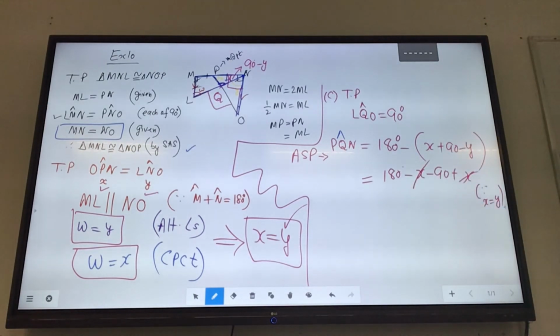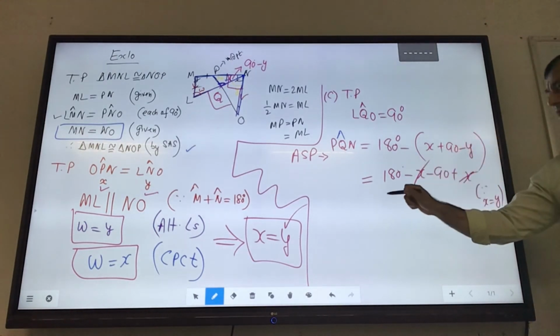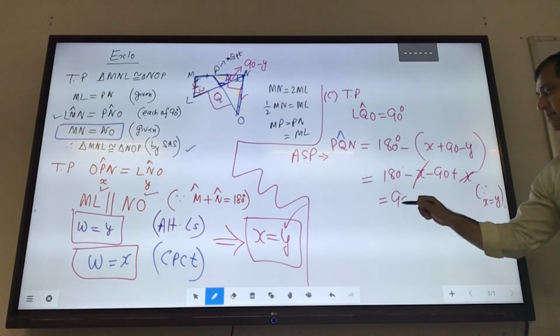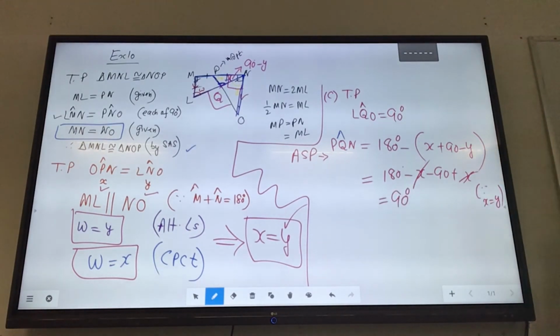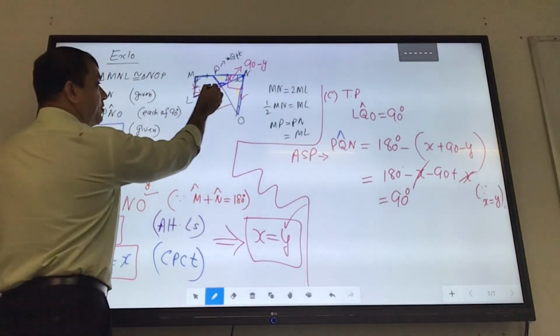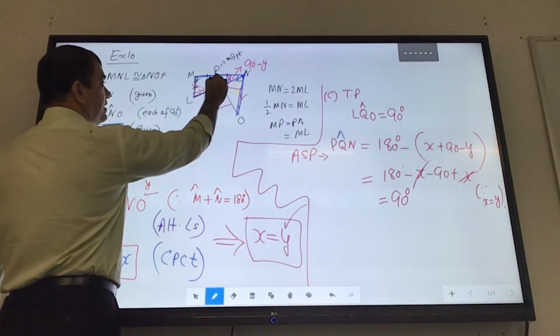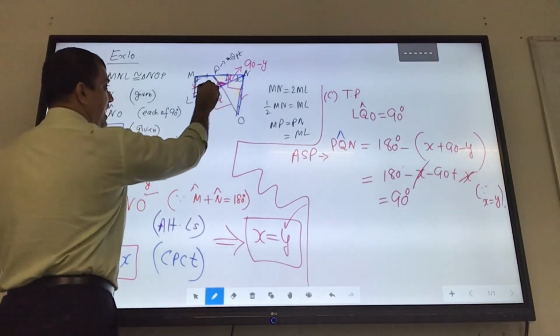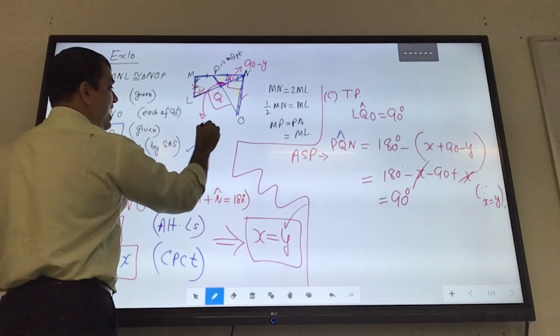Okay? What is 180 minus 90? 90 degrees. I have proved that this angle, which is vertically opposite to angle LQO, it is 90.